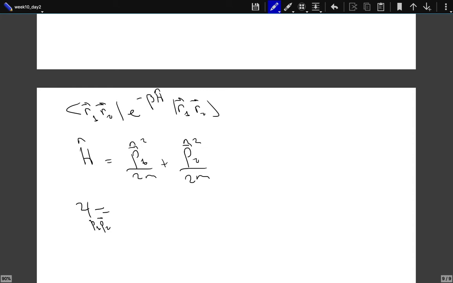These are the eigenvalues of the momentum operators for each particle, e to power I P1 times R1 plus I P2 times R2. We are in a volume V, so the normalization is 1 over square root of V. This is the wave function I have.